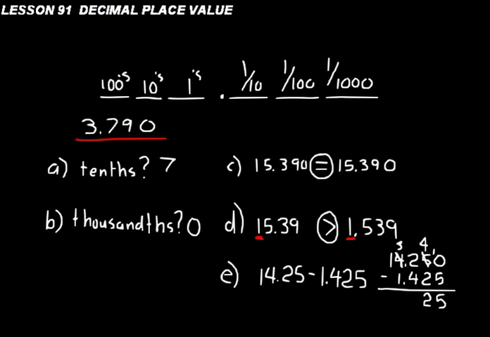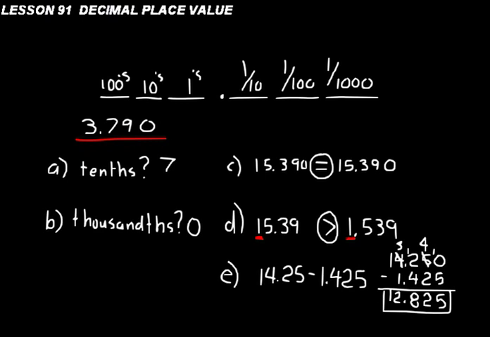Change that to a 3. Now you have 12 tenths minus 4 tenths would give you 8 tenths. And then you have 3 minus 1 is 2, and a 1 there, 12.825.